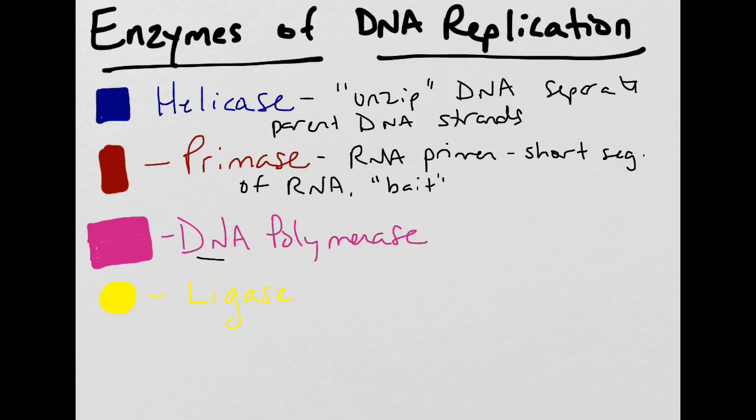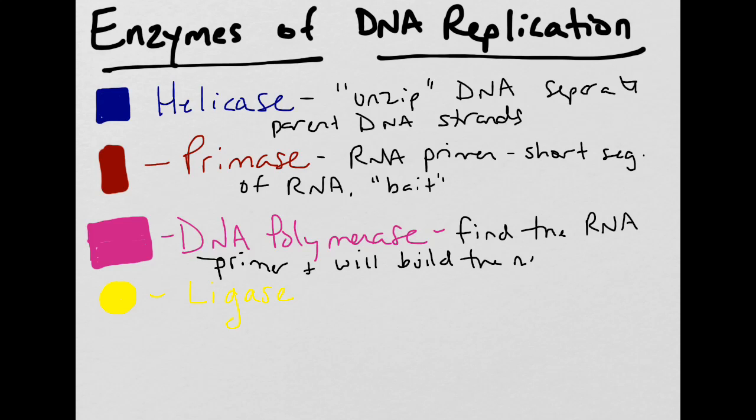So DNA polymerase is the one that will find the primer in black. Find the RNA primer and will build the daughter strand, let's say the daughter strand, so we're using the right terminology here.